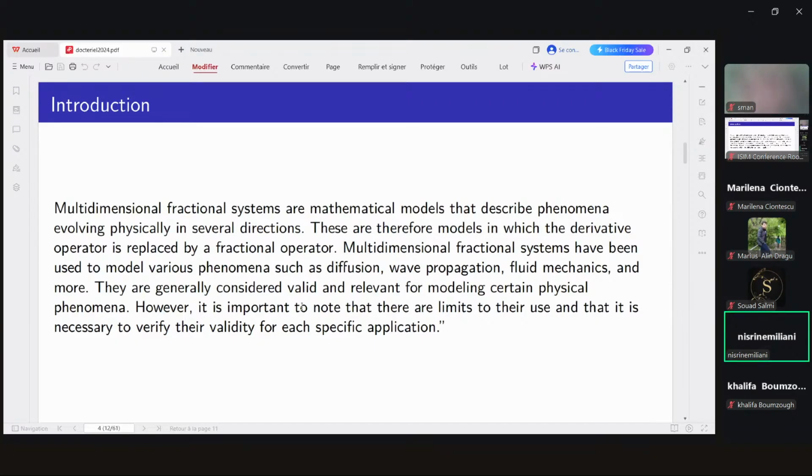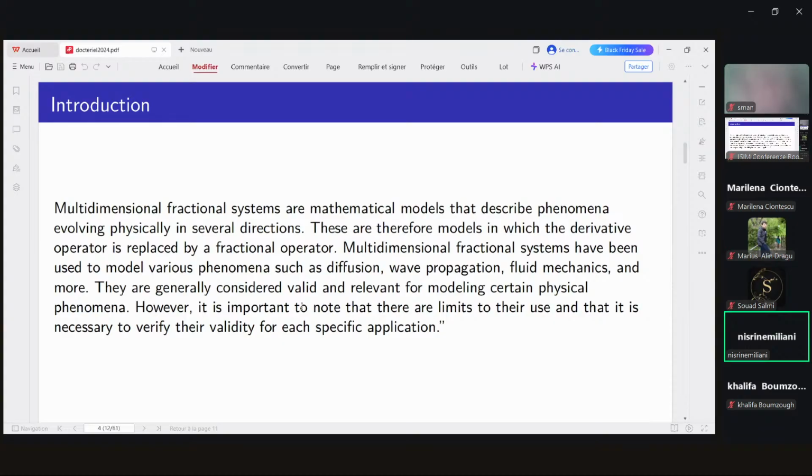Multidimensional fractional systems have been used to model various phenomena such as diffusion, wave propagation, fluid mechanics, and more. They are generally considered valid and reliable for modeling certain physical phenomena.